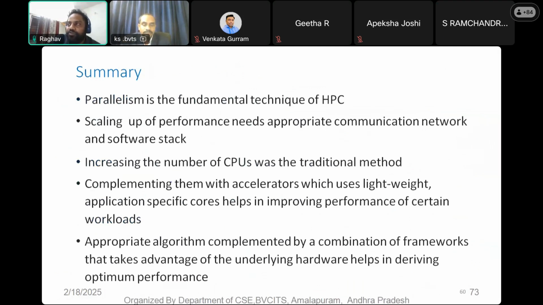Increasing the number of CPUs was a traditional method, but it has its own set of limitations, and that's where we have seen CPUs, DPUs, and different kinds of specialized chipsets come into the picture. And then we can see the number of cores of each CPU incrementally going up, right? And also the algorithms for combining these frameworks are coming into the picture, right?